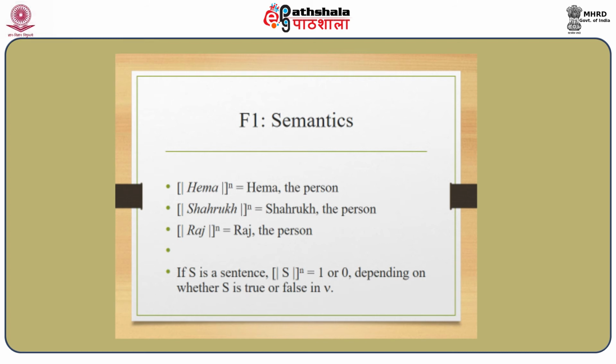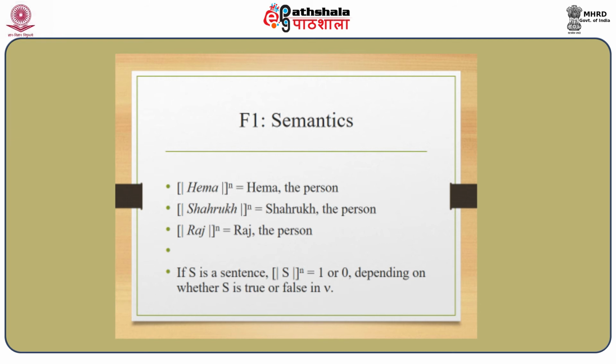We use the notation square brackets with the superscript nu to indicate semantic values. Every time you see that particular symbol with something inside it, you should read that to mean denotation of a linguistic expression in the circumstance nu that's being described.